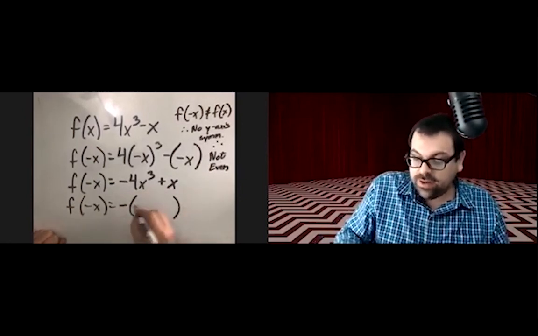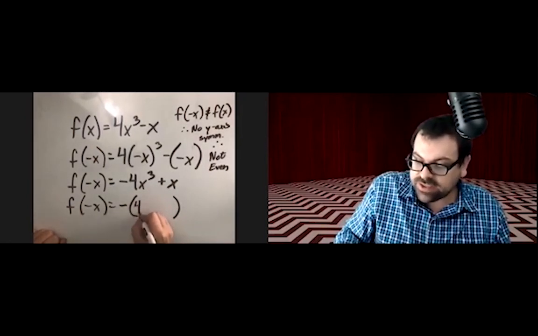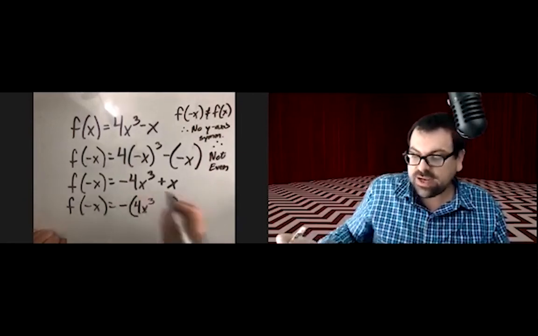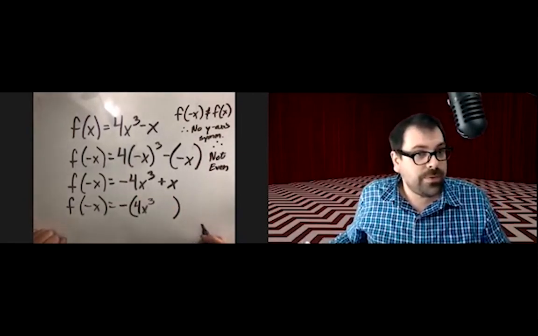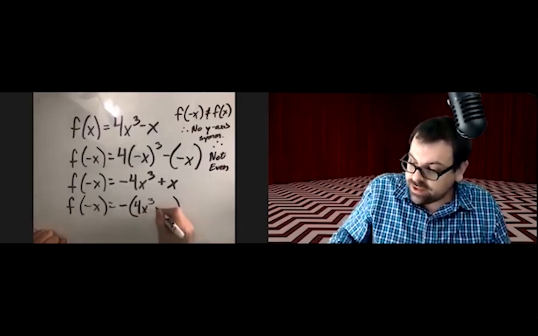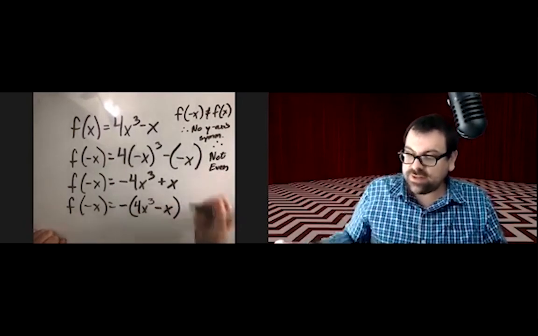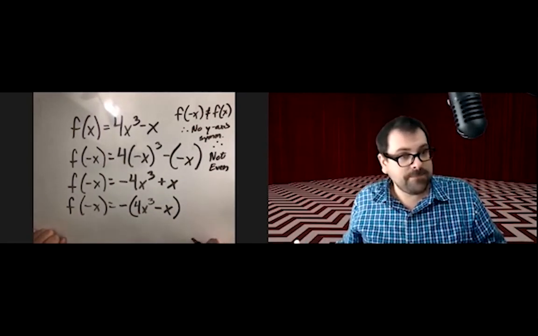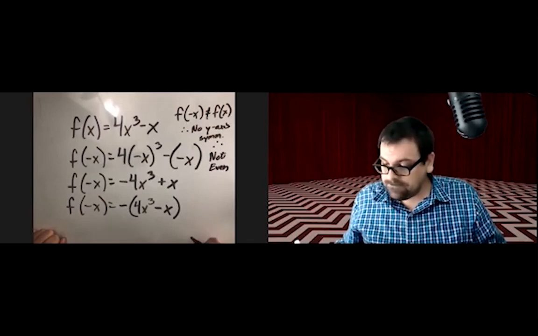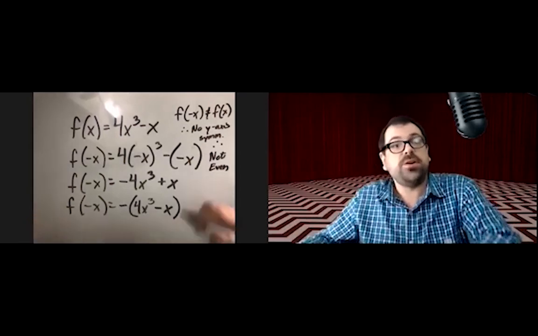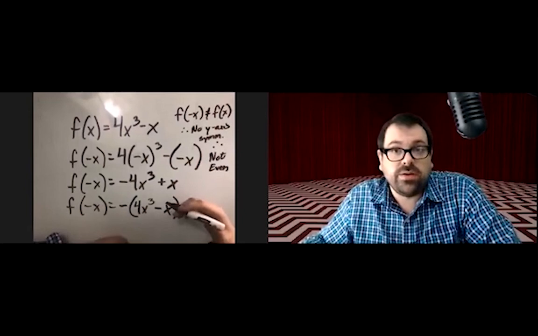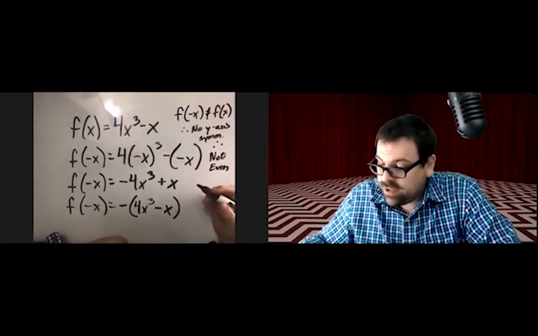What do we get? The opposite of positive 4x cubed is negative 4x cubed. The opposite of negative x is positive x. Okay, so you have to be good with factoring going forward in this class.